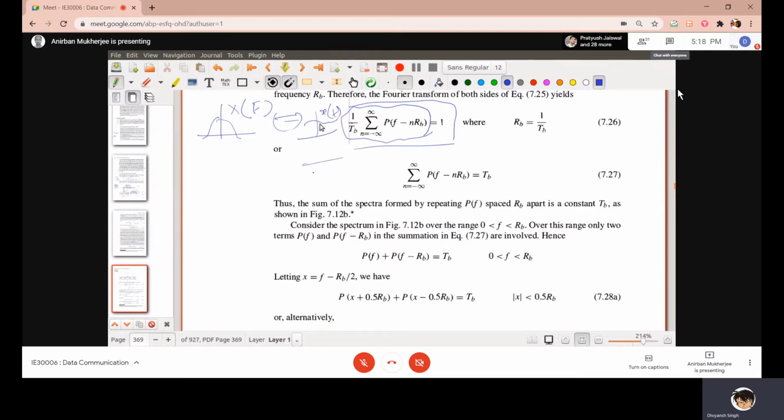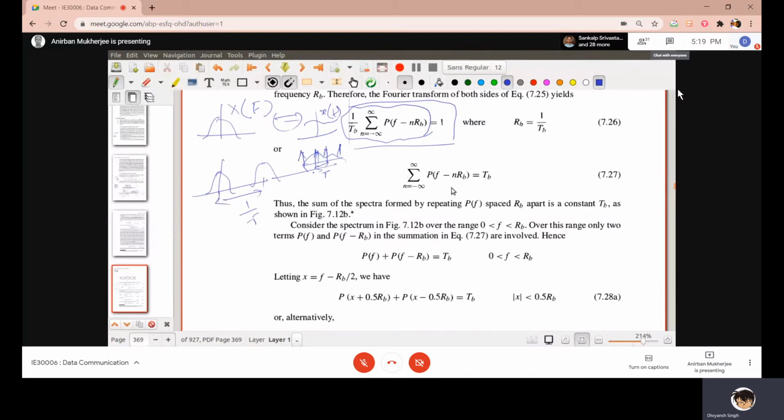If you just sample it with delta T minus kTs, then what will happen is the pulses will be like this, and again this one will replicate like that. But please remember, if this duration is T, this replication will be 1 by T. Similarly, again 1 by T, you will have another pulse.